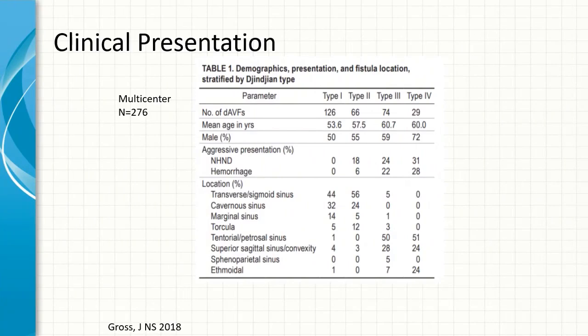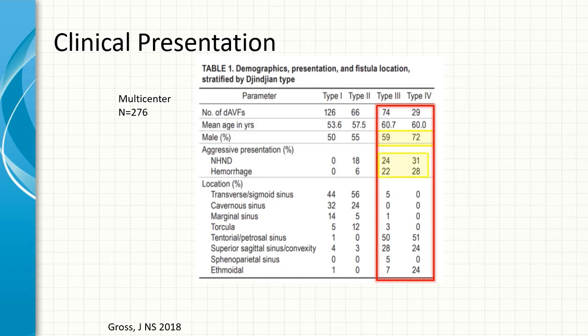I now direct your attention to type 3 and type 4, both high-grade fistulas with direct drainage into leptomeningeal veins, and type 4 having also associated ectasia. Some differences to note here are that there is a male predominance in the type 3 and 4 compared to type 1 and 2.